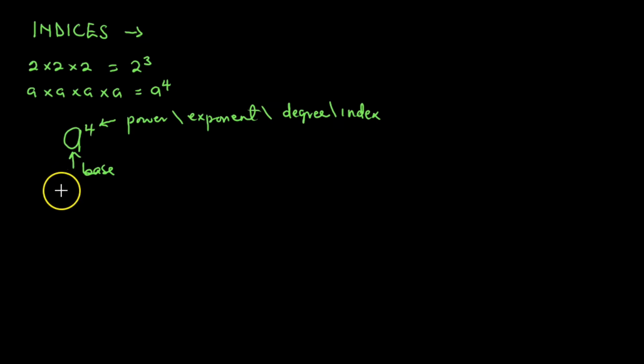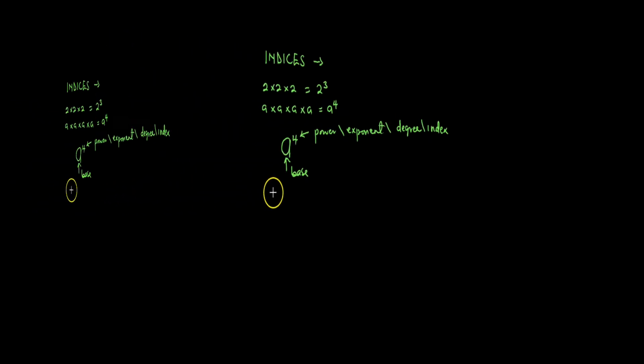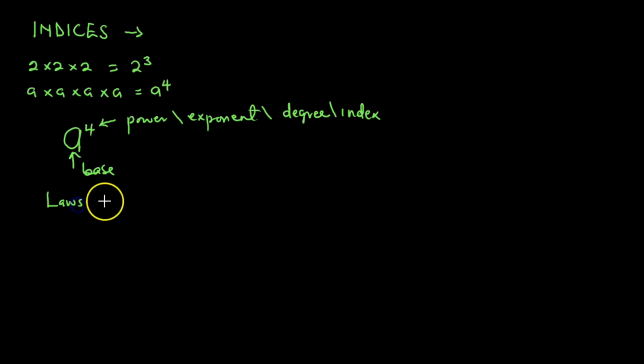Therefore, since we are going to deal with manipulation of powers of numbers, we have some laws or rules that make it easy to manipulate powers of numbers. Now, the first rule we are going to consider, which some books call the laws of indices, is the product law.